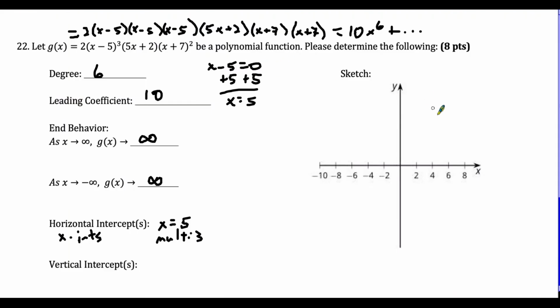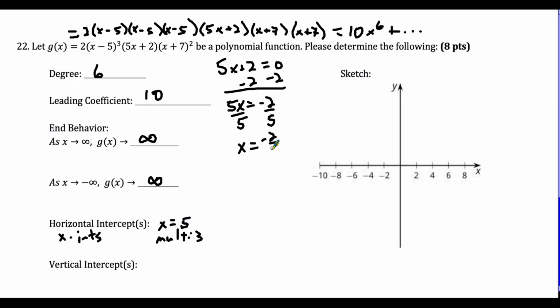My next factor, 5x plus 2, if I set that equal to 0, 2 steps, subtract the 2 over, divide by 5, and we get negative 2/5 as my next x-intercept. This one just has a multiplicity of 1 because that factor only shows up one time.